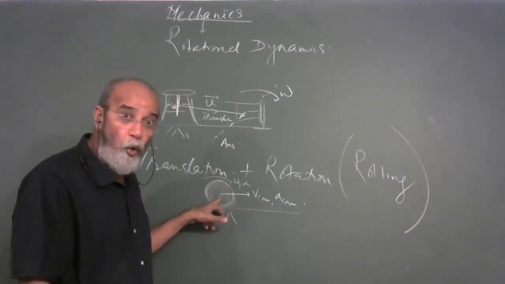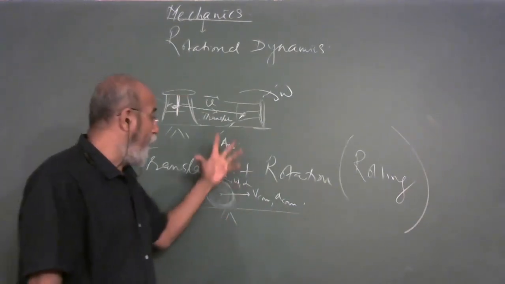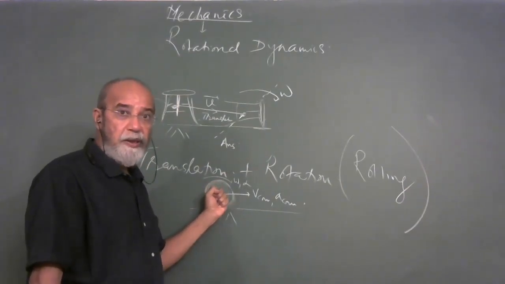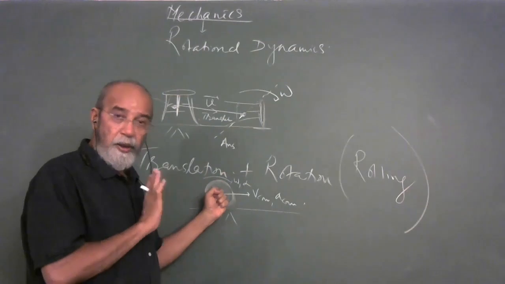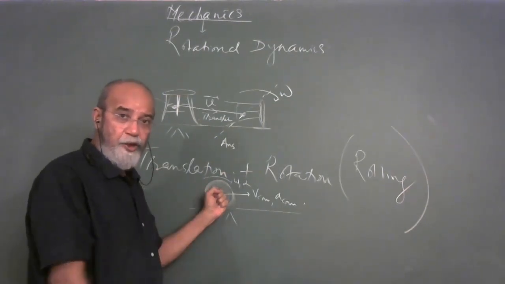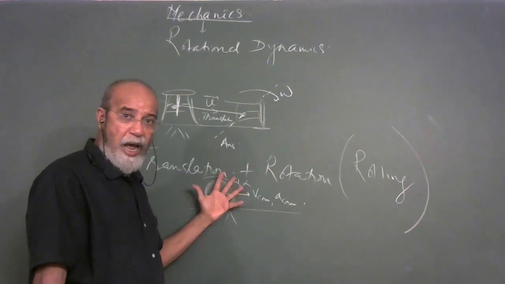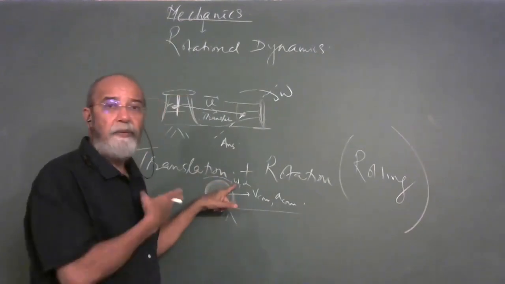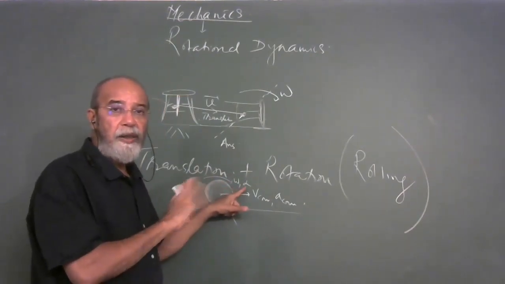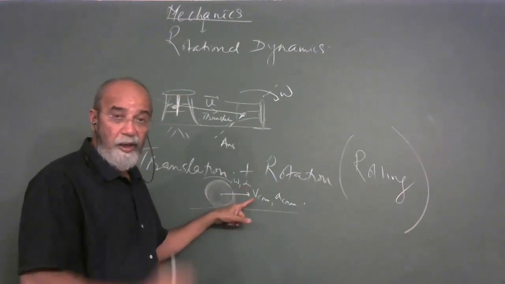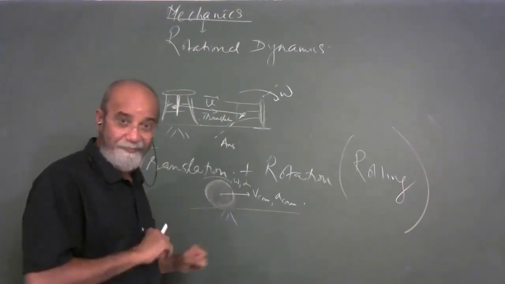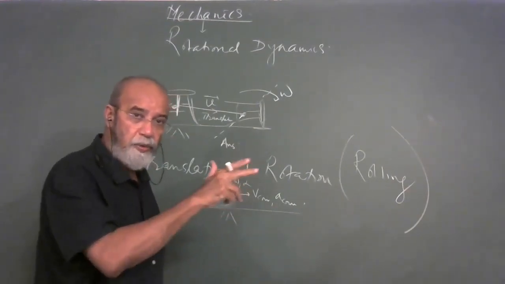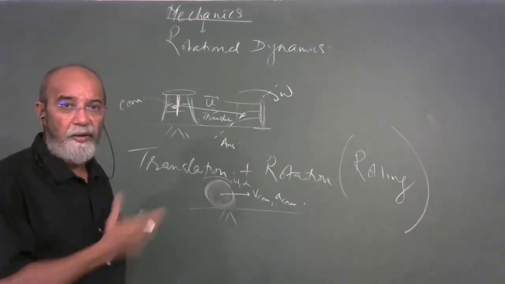So, how do we look at it? We shrink the entire mass of the ball to a point, understand the translation, and then we spread out the mass and make it into a ball and draw an axis and understand angular velocity, angular acceleration. Linear, linear. Both are happening. Translating, rotating. Rolling.